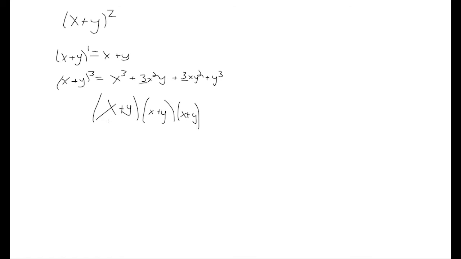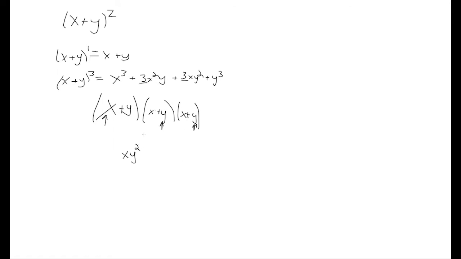So for example, maybe this is an x, this is a y, and then this is a y. And that would produce x times y squared. Okay?